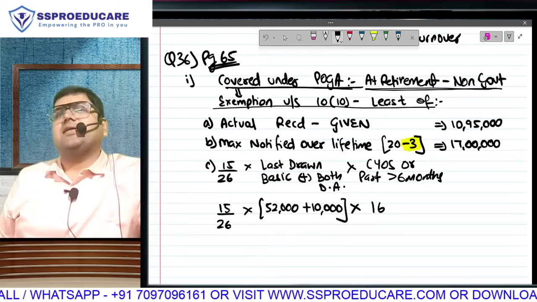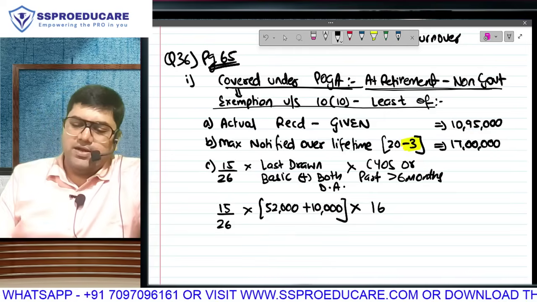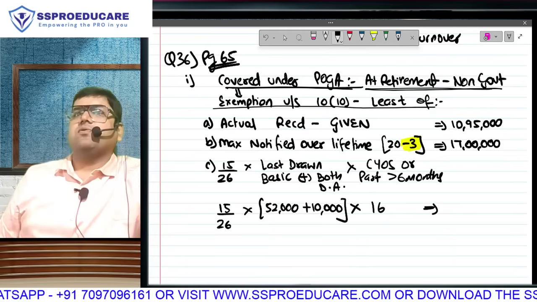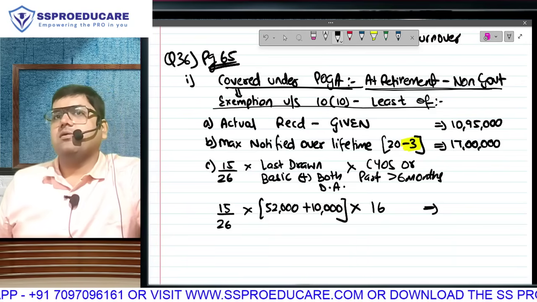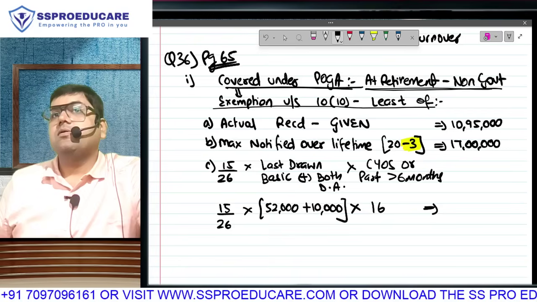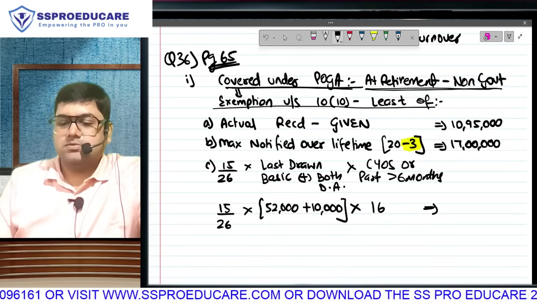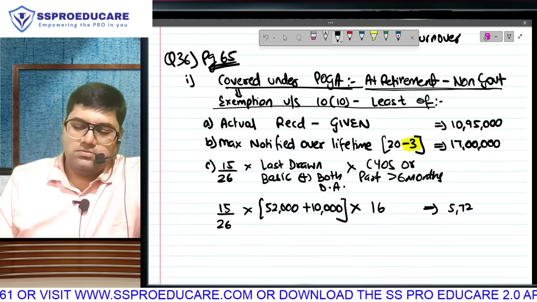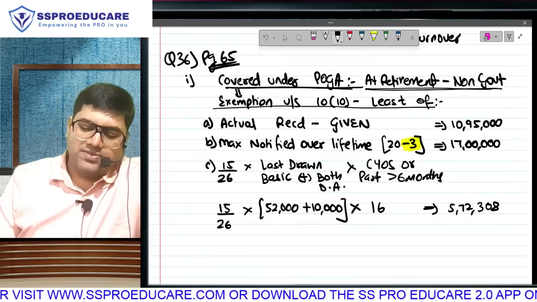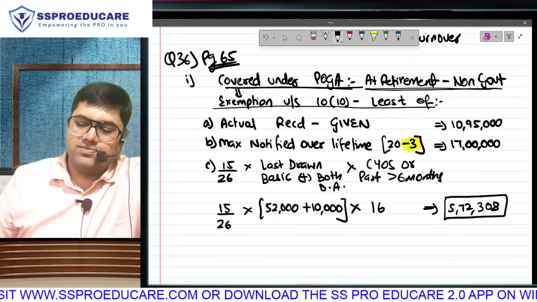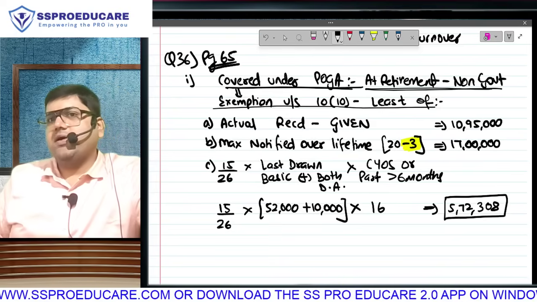So 15 by 26 into 62,000 into 16 is going to give you your answer. Understood? And this being the lowest is going to become your exemption.